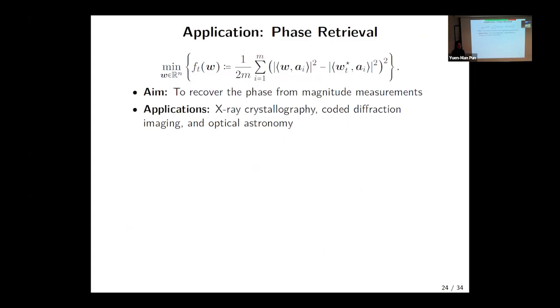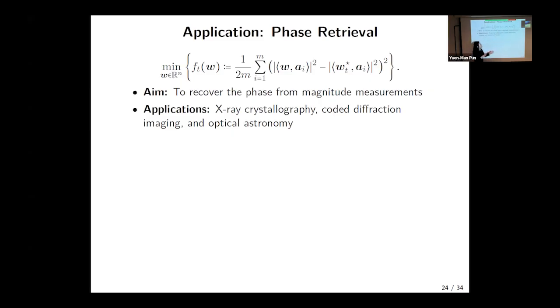Another application that I would like to talk about is the phase retrieval problem. In a phase retrieval problem, our goal is to recover the phase from magnitude measurements. And this can be applied to X-ray crystallography, coded diffraction imaging, and optical astronomy. So in this problem, we have a set of signal vectors a_i.